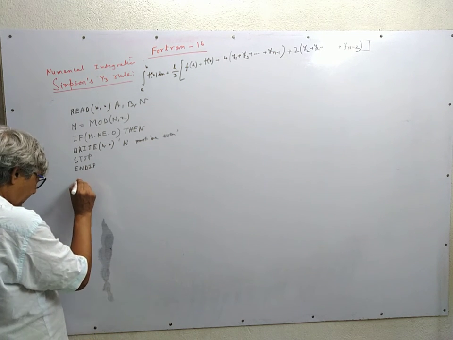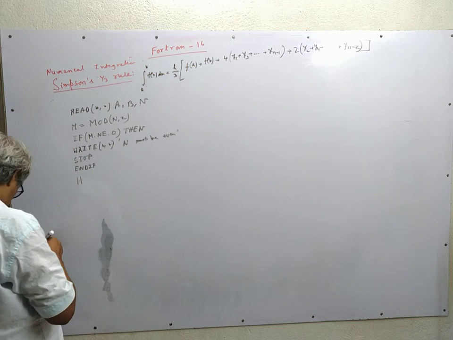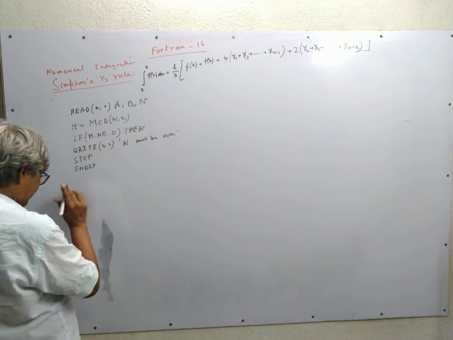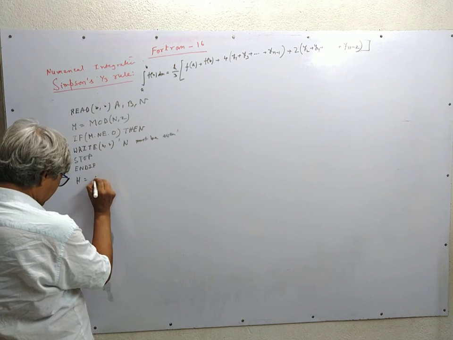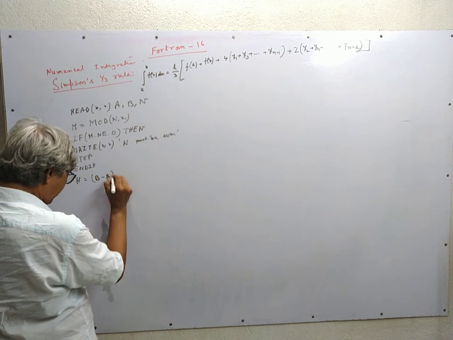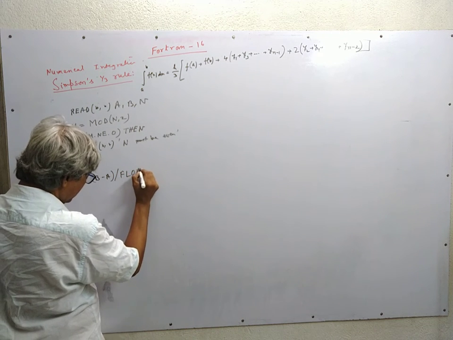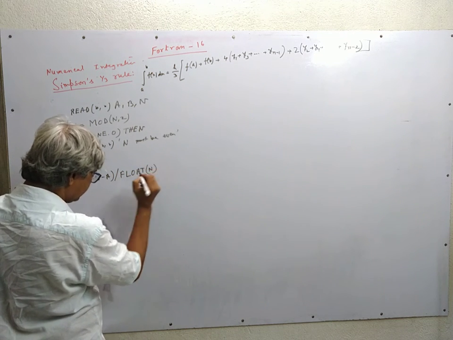Then we define h. h is equal to b minus a by float n.